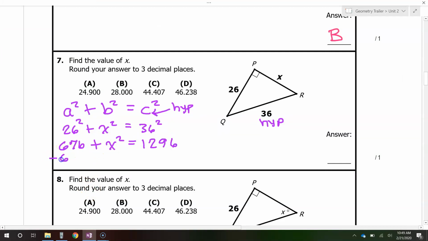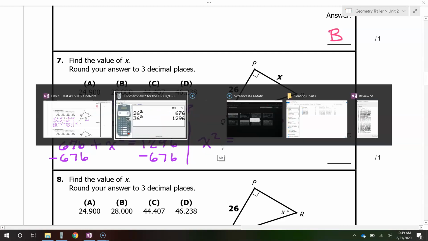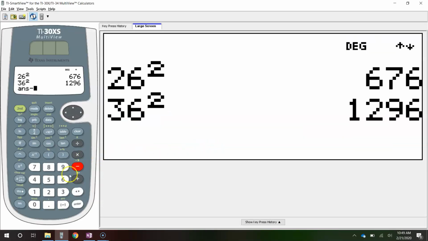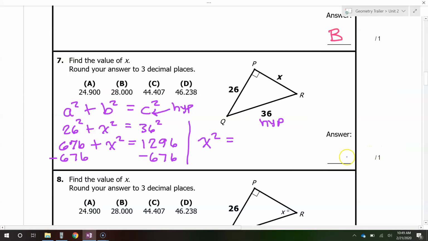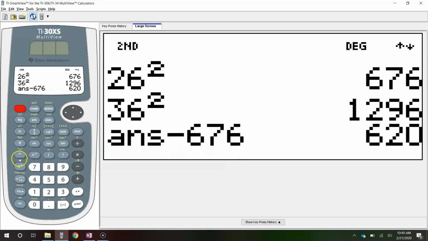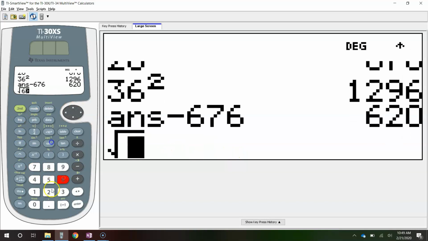Then I need to subtract 676 from both sides. And that will give me x squared. So that is 620. And finally, I must take the square root of both sides. So I take the square root of 620.